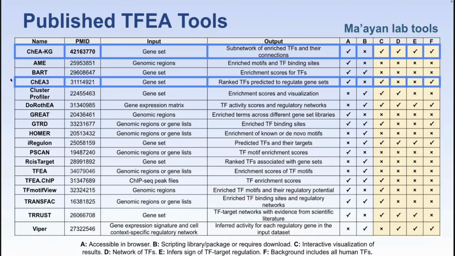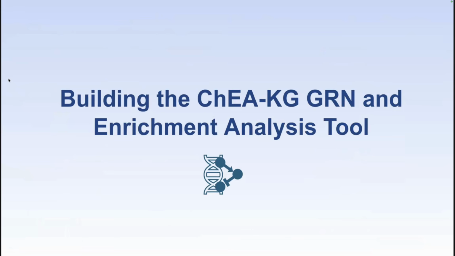But the important takeaway here is that only a few of these tools provide interactive network visualizations with signed interactions using networks that include all approximately 1,600 human transcription factors. And those are the categories that are highlighted in yellow in this table. So now I'll explain in more details what ChEA-KG is and how it expands on our previously published tool, ChEA-3, to fill this gap.